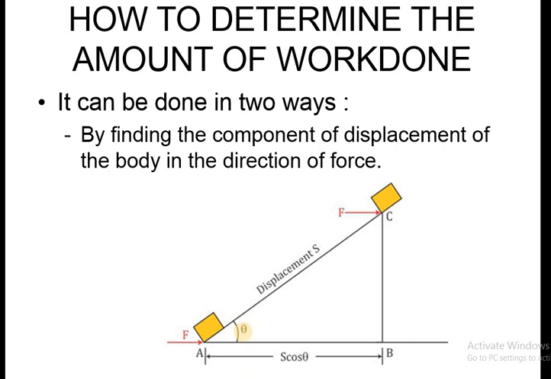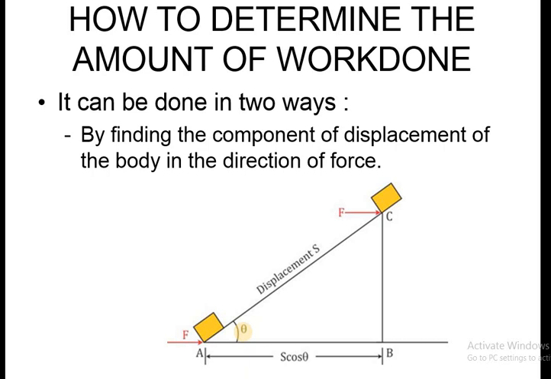Whenever a force is applied on a block, it changes position, so there must be some displacement. If the displacement is S, and because the displacement S makes angle theta with the horizontal, AB becomes S cos theta.